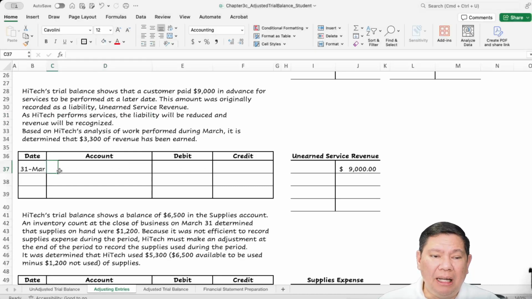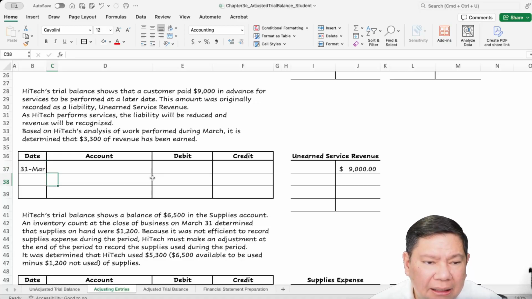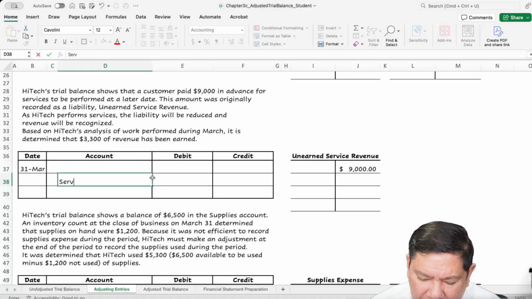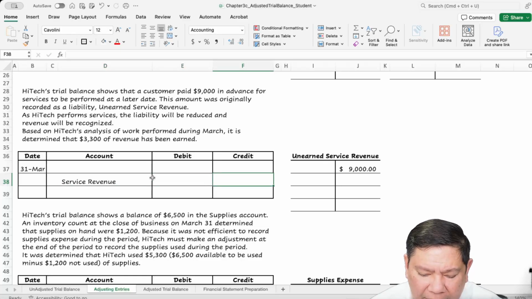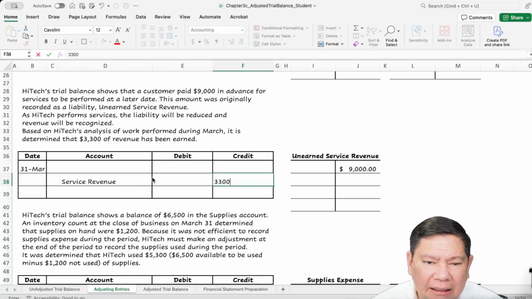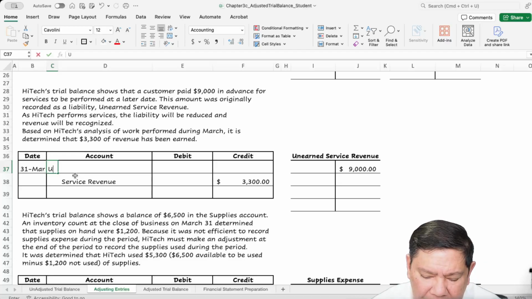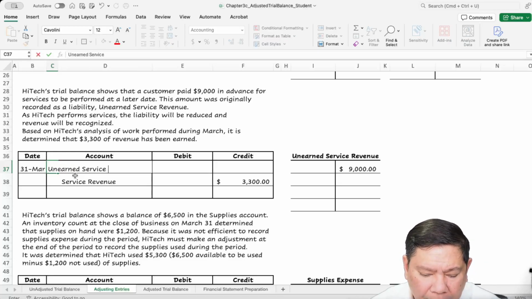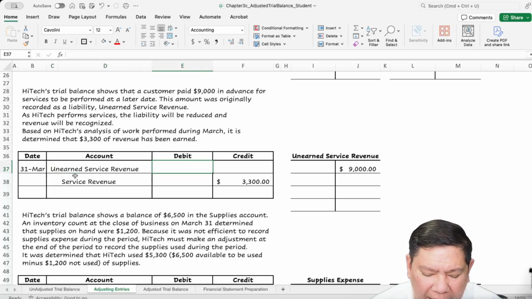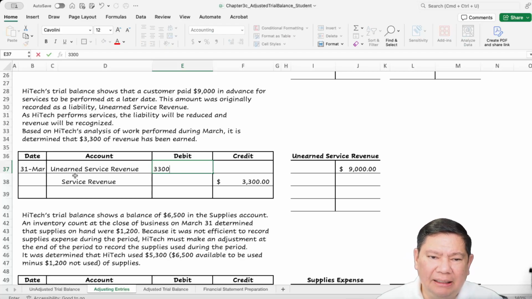So now we have to recognize service revenue, $3,300, and the liability, the unearned service revenue, must be reduced by $3,300.